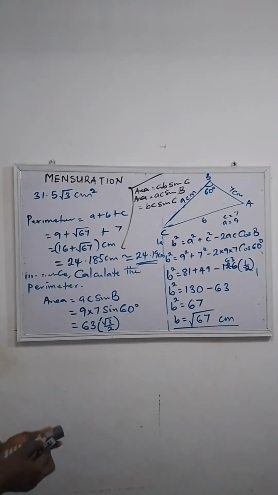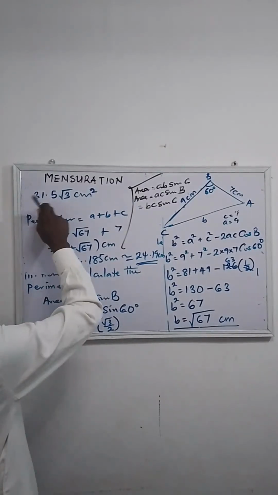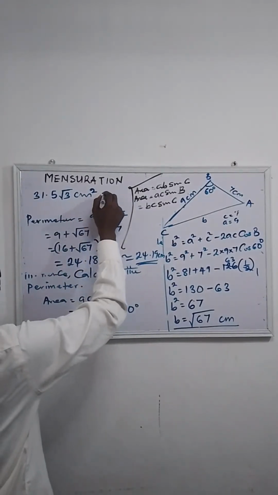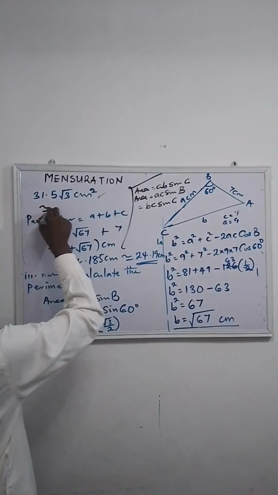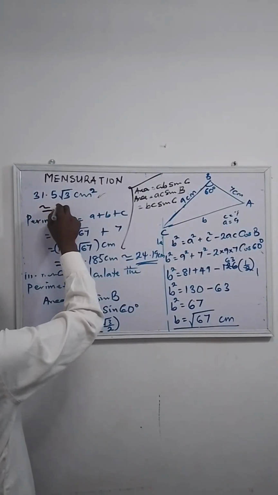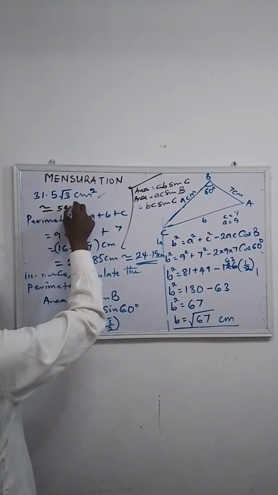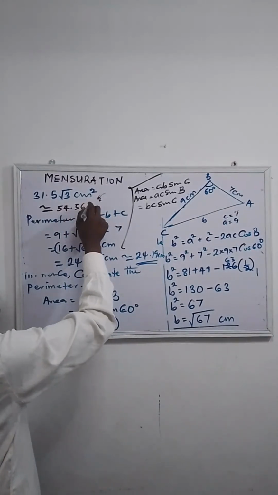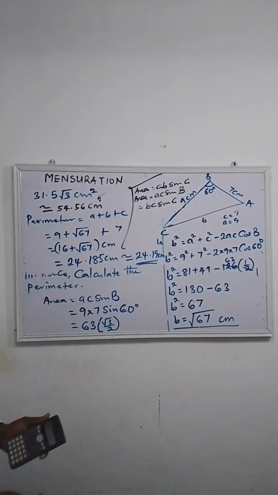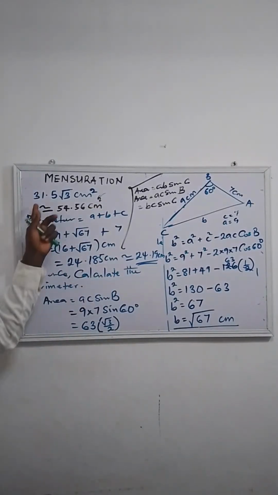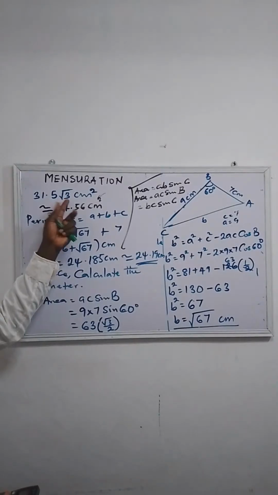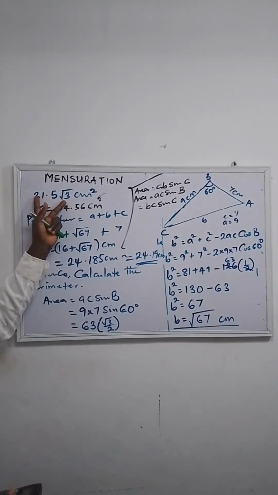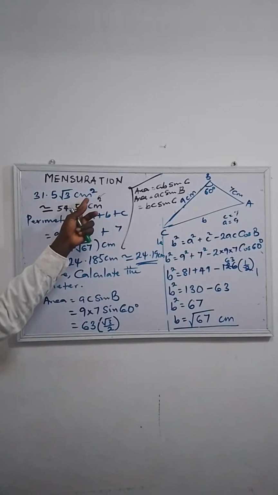When you do that, the answer is 54.56 centimeter square. Okay. But I just left my own answer in short form. This is more accurate. All right. So I left the answer in short form.